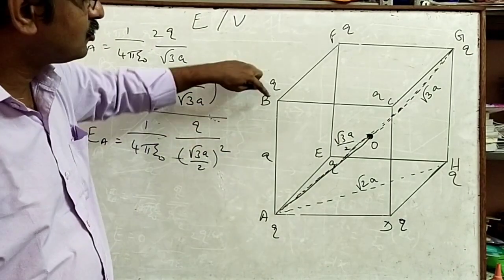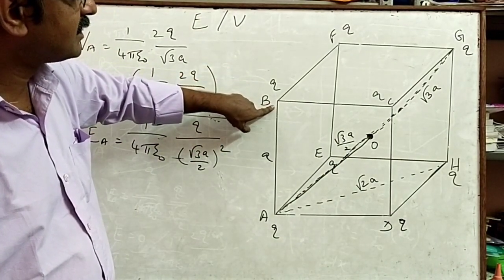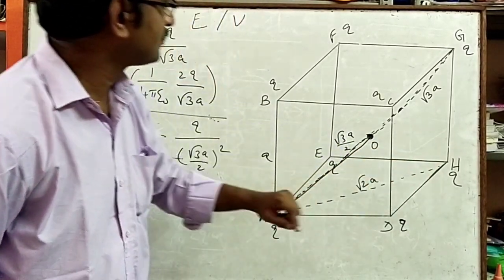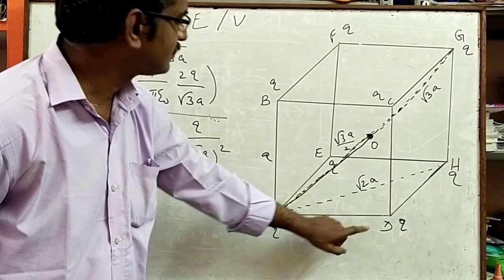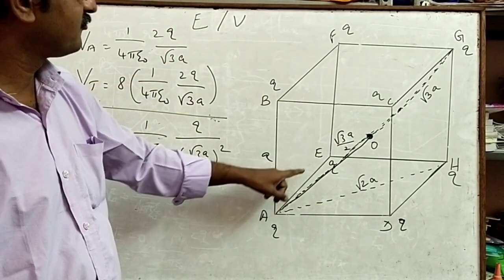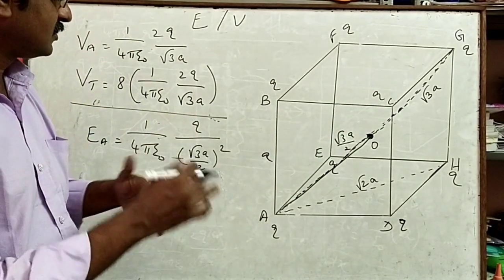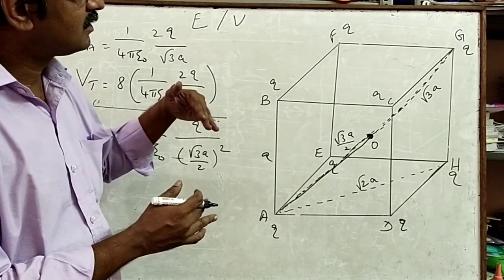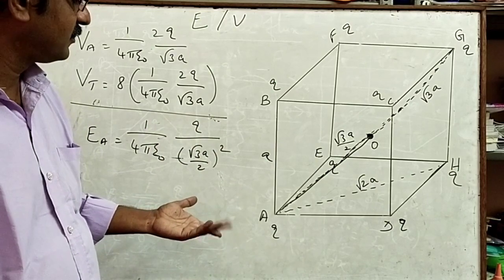Similarly, the electric field due to B gets cancelled with H, that from F gets cancelled with D, and that from E gets cancelled with C. So even though 8 charges are there, all the electric fields act in opposite directions, and the resultant electric field will be 0.